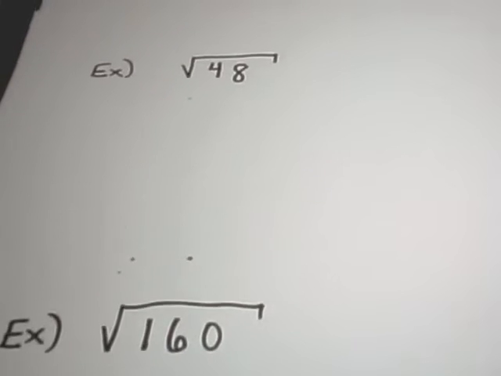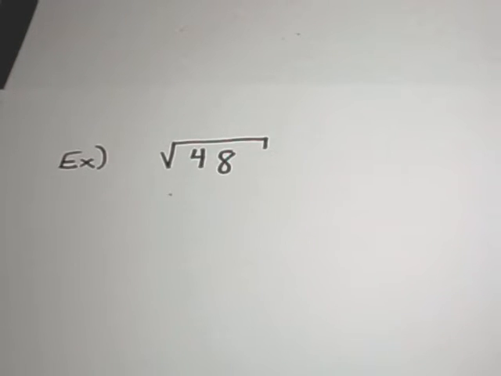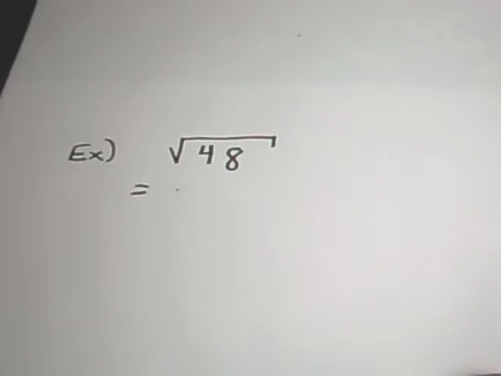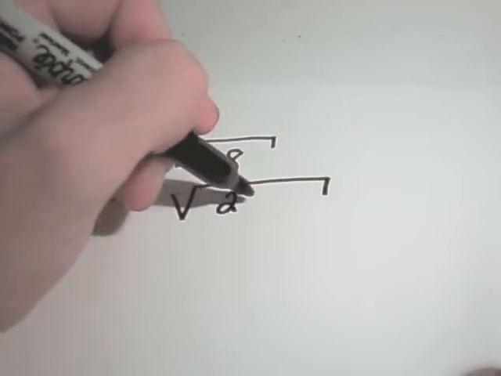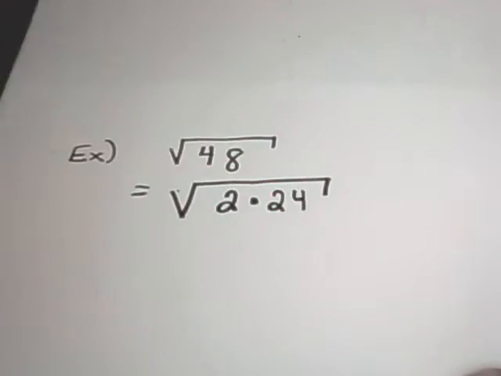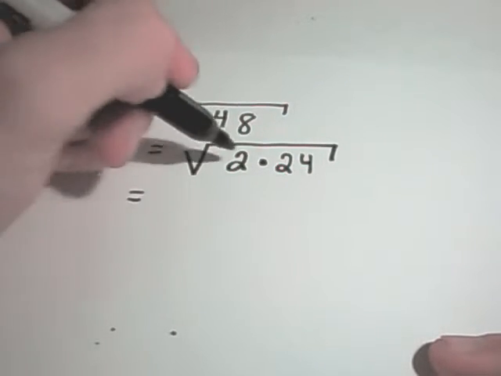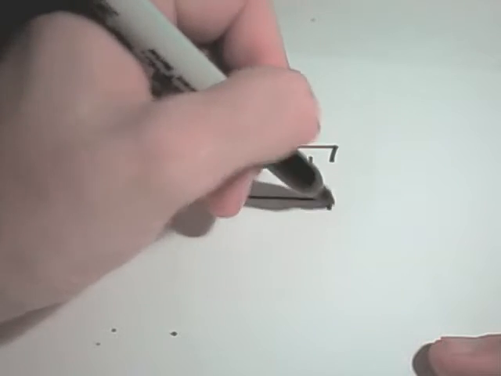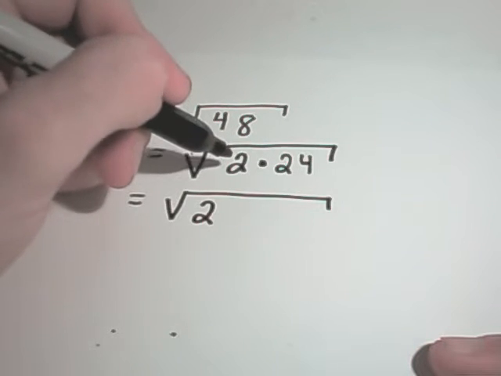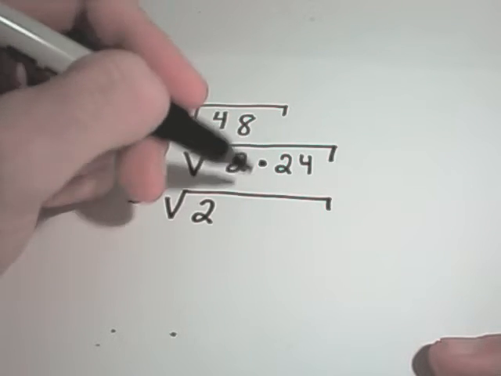Alright, so suppose we have the square root of 48. Maybe there's better ways to do it, but I know that 48 is certainly even, so I'm going to write that as 2 times 24. I don't know square roots of either of those numbers, and you can't really break down 2 any further, it's just 2 times 1.